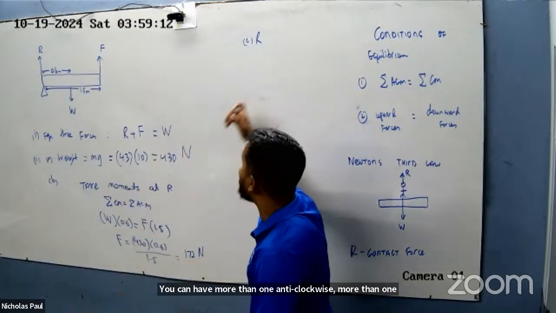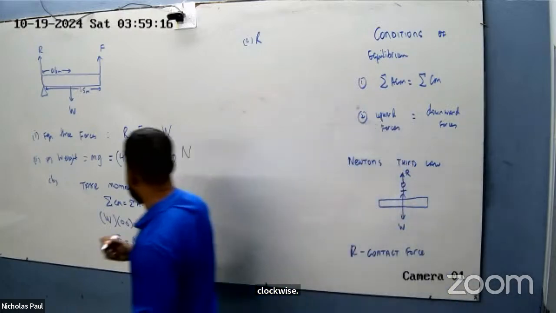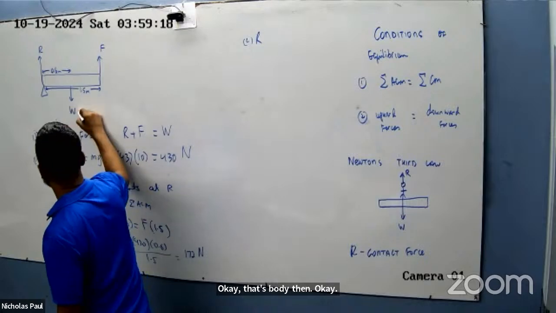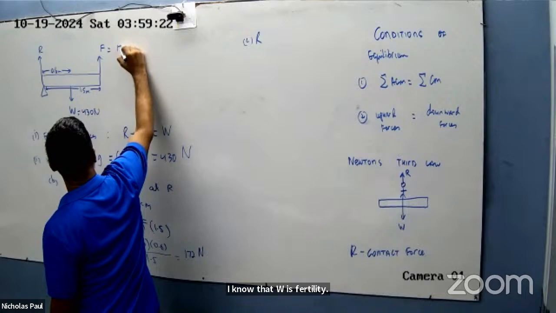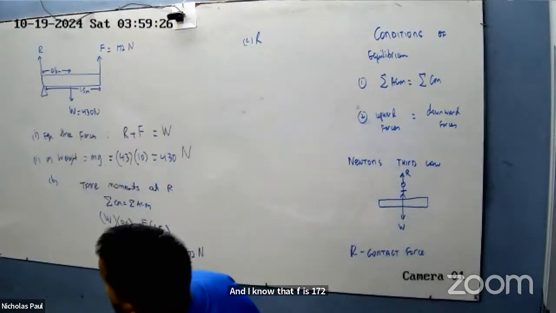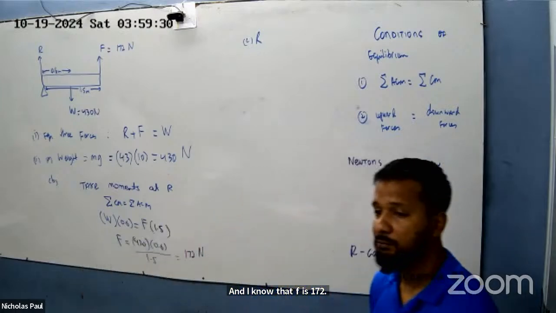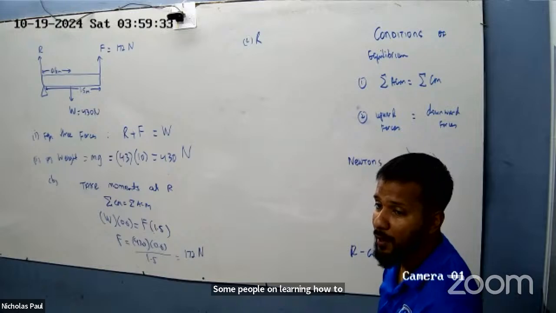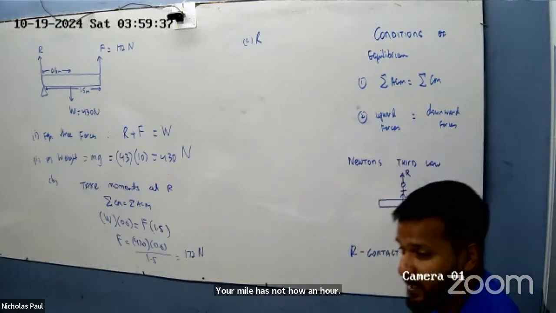Okay, last part then. Again, R. I know that W is 430, and I know that F is 172. So on the board, what do you need to use?